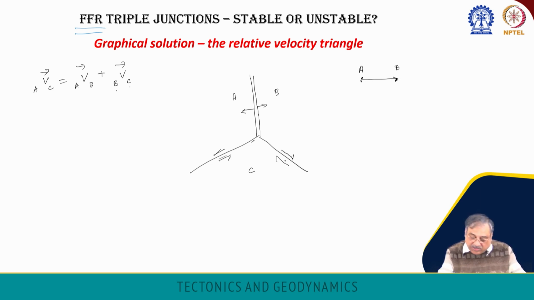So C with respect to B would be parallel to this. We can now draw it this way. So this position would be the relative velocity of C with respect to B. And as expected, when I join A and C, you can see that this boundary, with this arrow, is exactly parallel to this arrow, which proves that this also is a boundary showing a strike slip configuration.